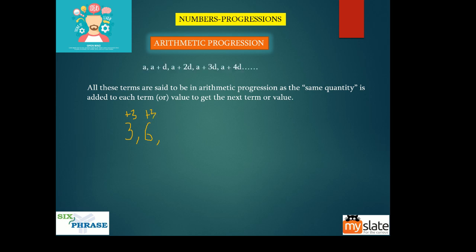What do I get? 9. To get the next term, again I'll increase it by 3. So what will I get? I'll get 12. Now I am guessing you know what the next term is. Yes, it is 15. The next term is 18, and this goes on like this.